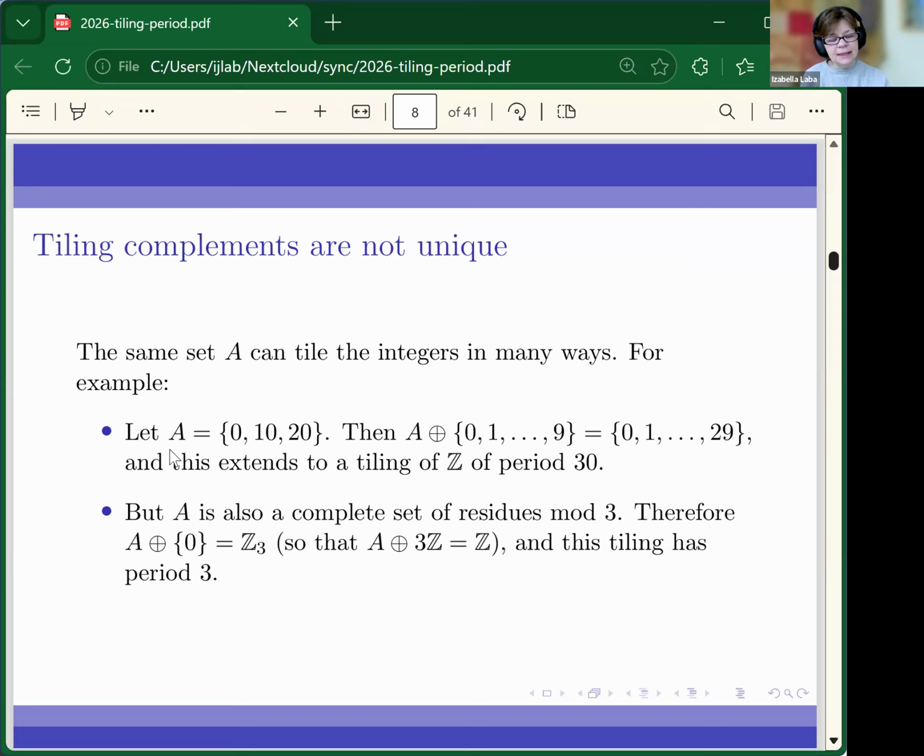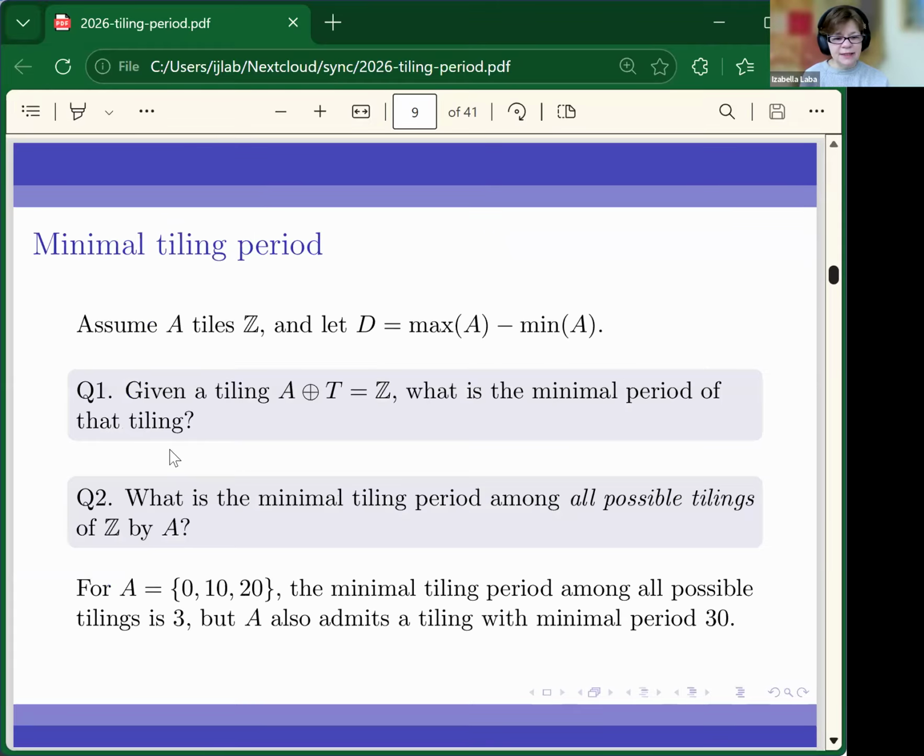That's given by the tiling in the second bullet point. And I cannot make it less than that because I cannot have a tiling of period that's less than the cardinality of A. So I want to clarify the distinction between those two questions.